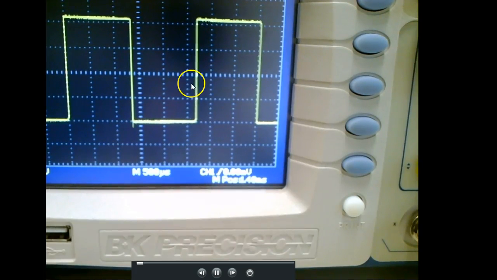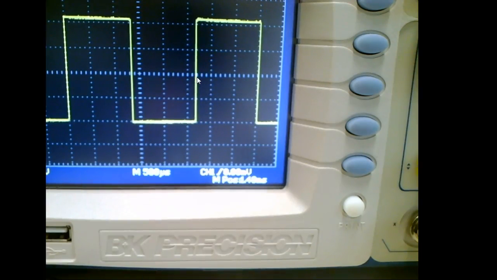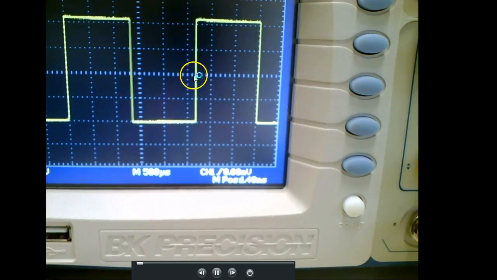But it looks to me like 1, 2, 3, 4, 5, 0.4. Each minor division is worth a 0.2. Yeah, so there's 2 minor divisions, so what would that be? 0.4, right. 5.4.